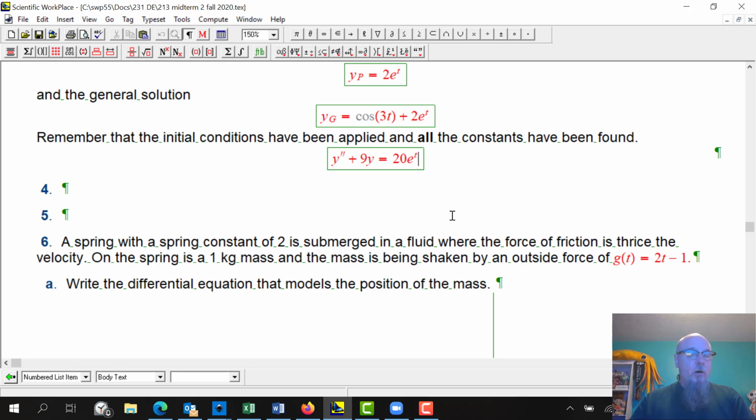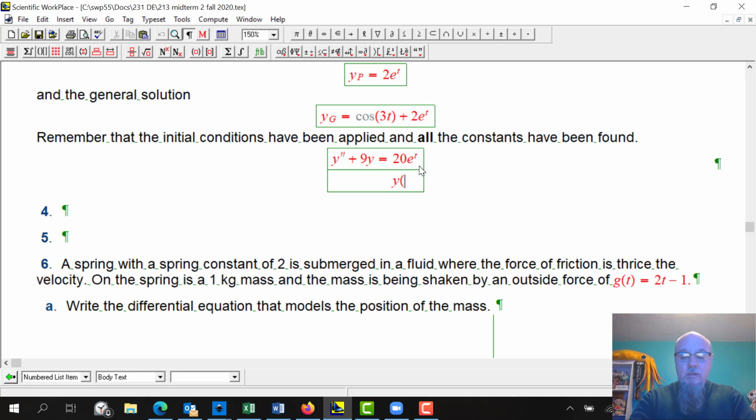Some people went on and solved it, but you didn't have to. In fact, you already have the solution there. So let's take a look. What's a thing that people didn't do, though, that you could have? You've got the differential equation. You could have also given me the initial conditions. How? Well, you've got the solution here. If I put t equal to 0, I get 3.